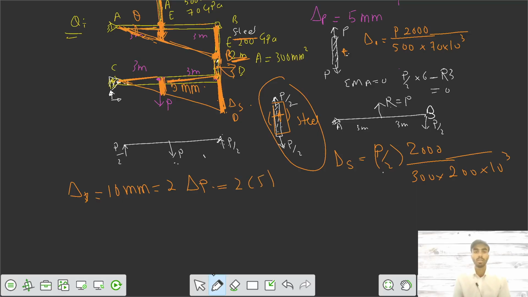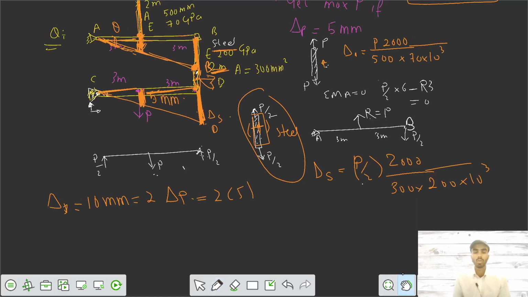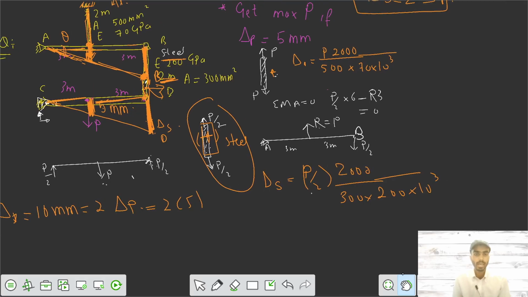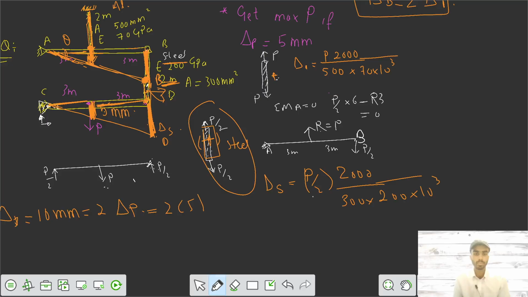Once you got this, you ask how much delta D has been displaced. That is equal to how much this bar has been shifted down, plus how much the bar in the middle, made up of steel, has been elongated.